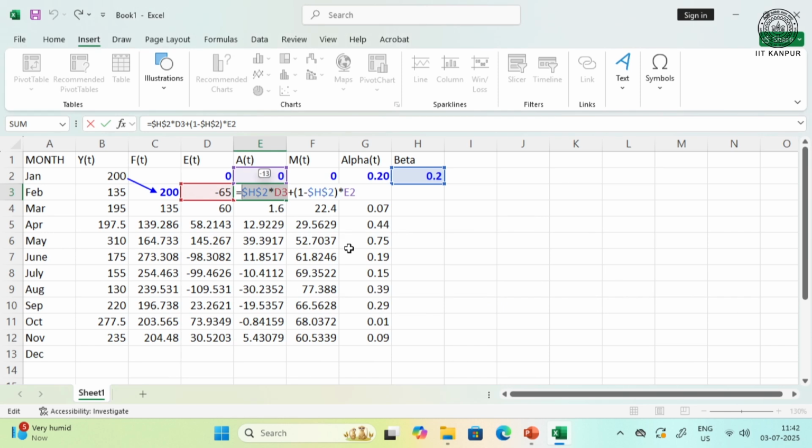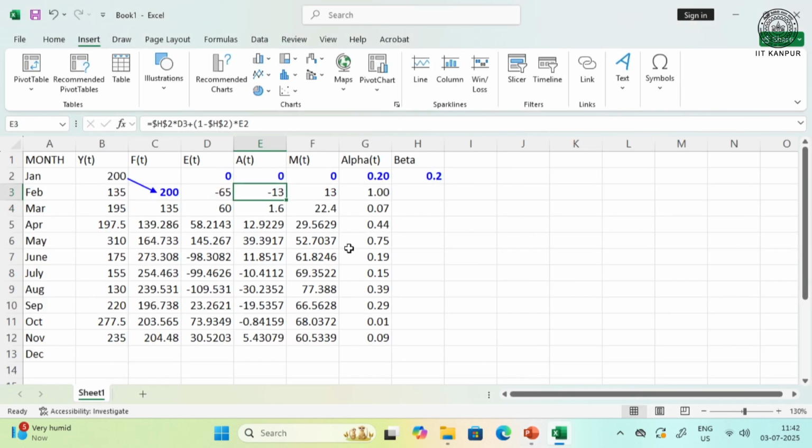So, 1 minus beta into 1 minus beta is equal to this term, 1 minus H2 into AT minus 1, which is basically 0. So, the value is basically minus 13.